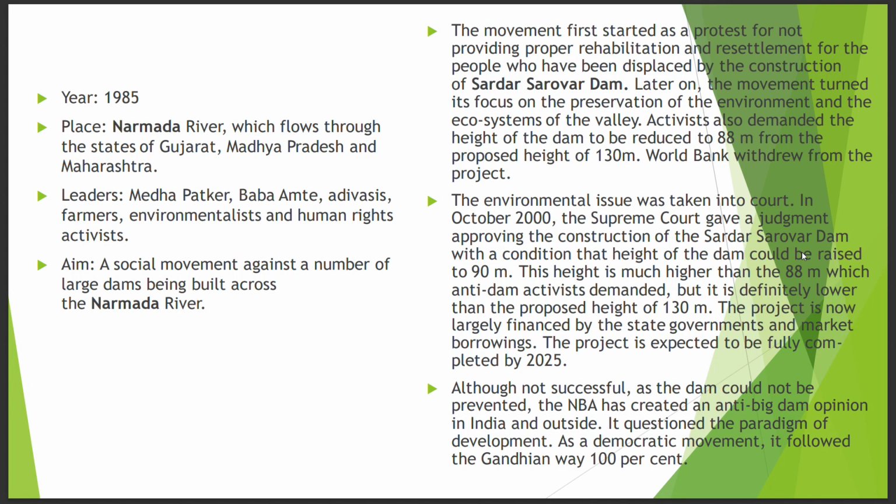Then Narmada Bachao Andolan. This we have discussed in several units, so I'm not going to discuss it again. The basics we know. People who were displaced by the construction of Sardar Sarovar Dam didn't get their justice.